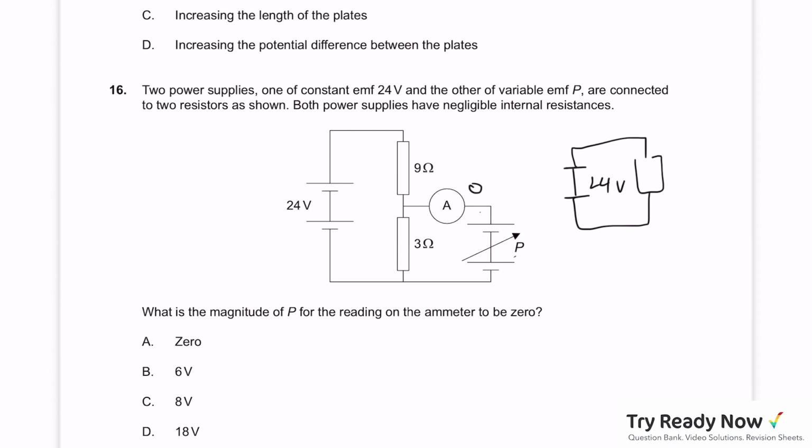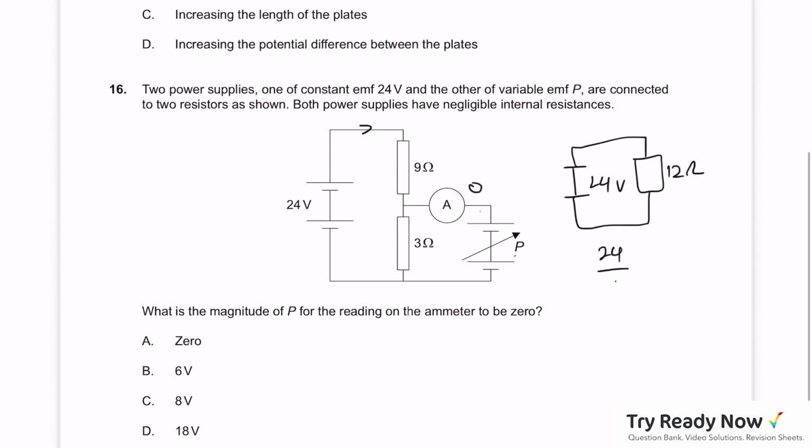I'm going to simplify them to find the current going out of the battery. We just add up the resistors to be 12 ohms, and using the voltage, current, and resistance formula, we get a current of 2 amps.